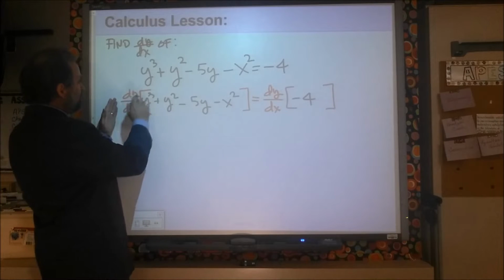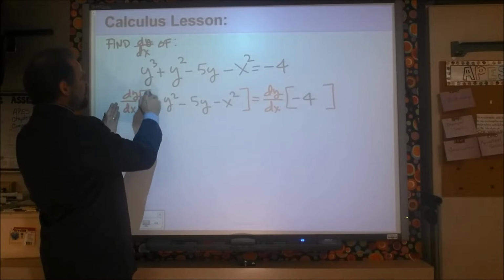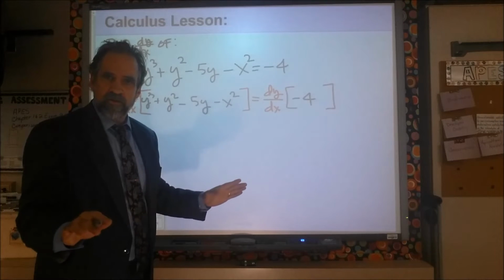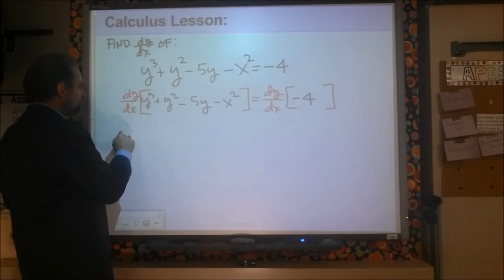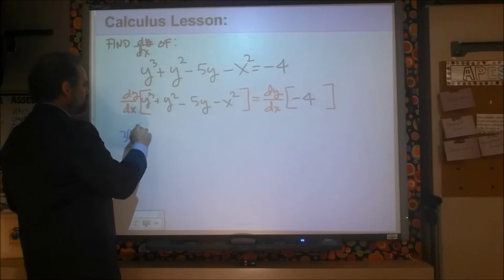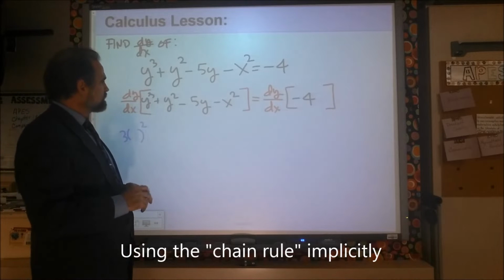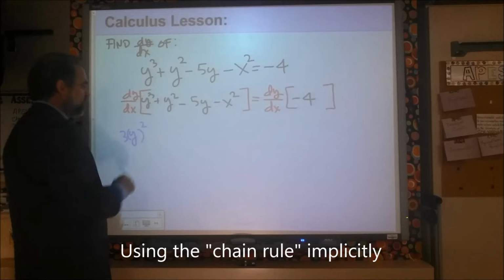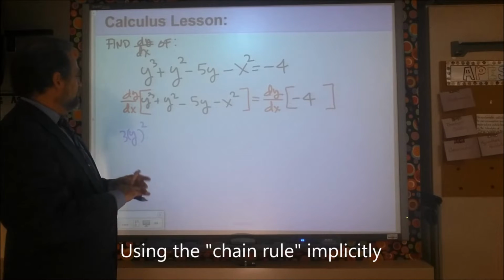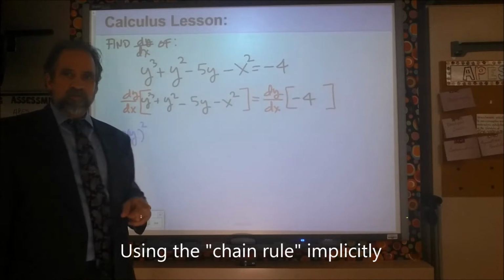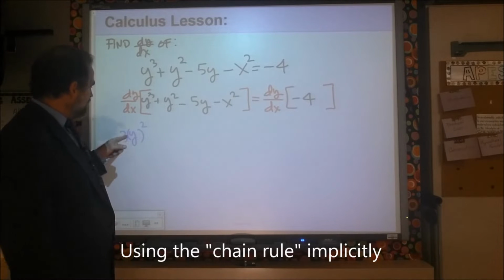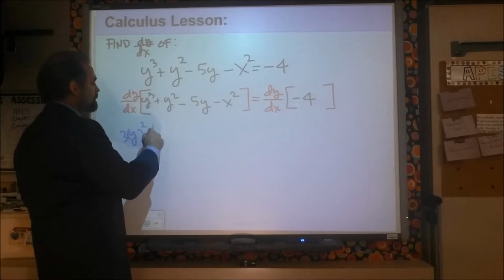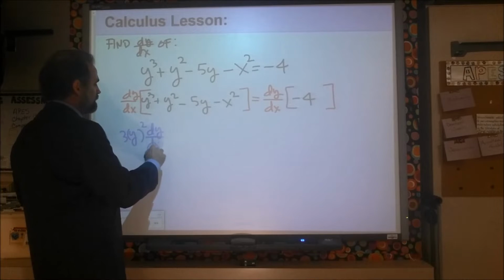The derivative of this, the outside of it, is something to the third power, so that's 3 times something to the second power. And what's the inside? The inside in this case is the y, that function we were calling g earlier. We're assuming that y is a function of x. I don't know what the derivative of y with respect to x is, but I can represent it with this term dy/dx.